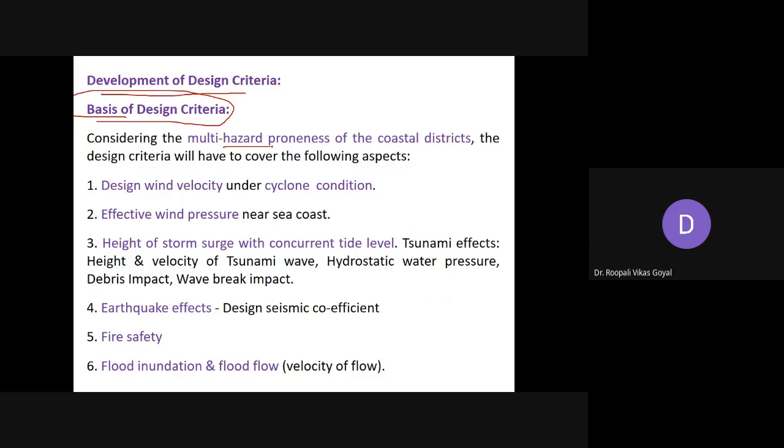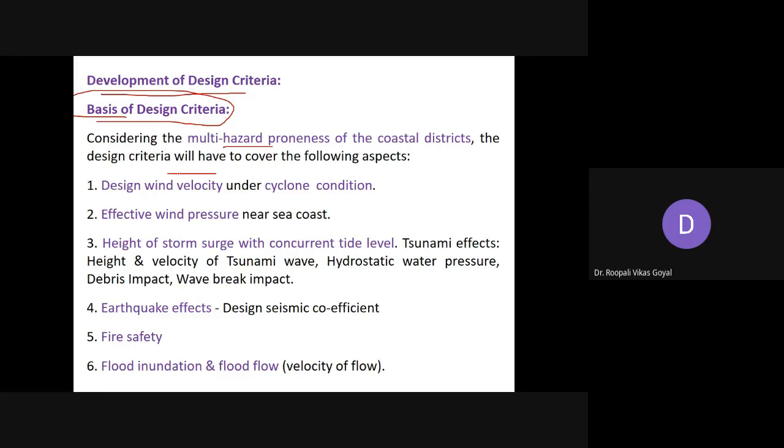So if we consider a coastal region that may be affected by tsunami, it may also be affected by cyclone, and some earthquake may occur under the sea. So all the multiple hazards that are possible. So looking at that multiple hazard proneness of the coastal district, the following design aspects are to be considered.